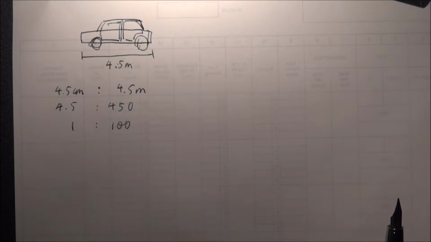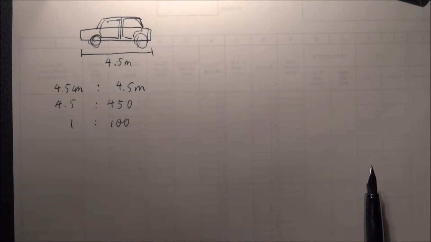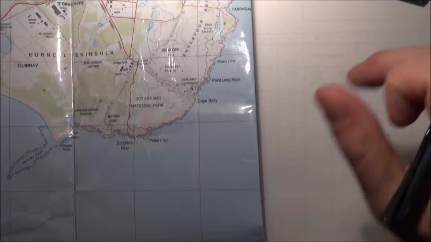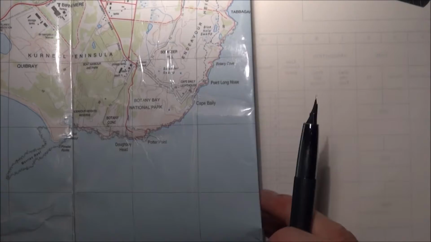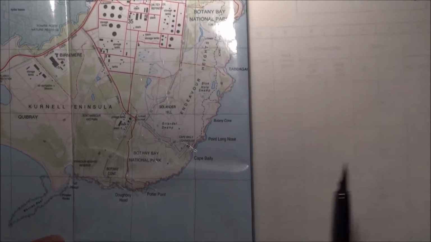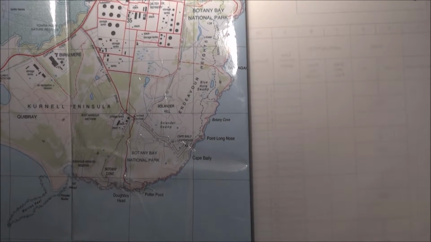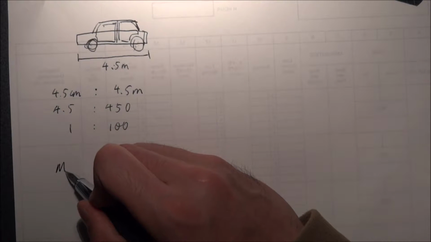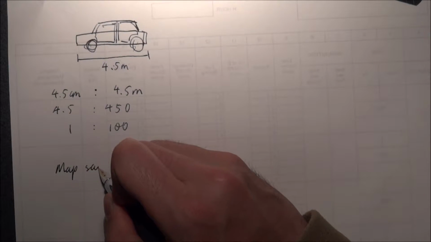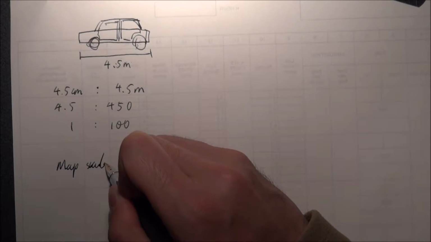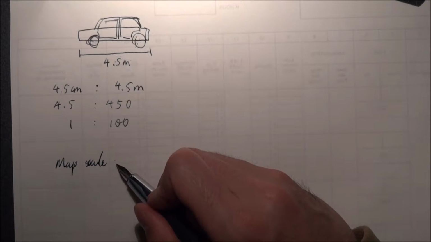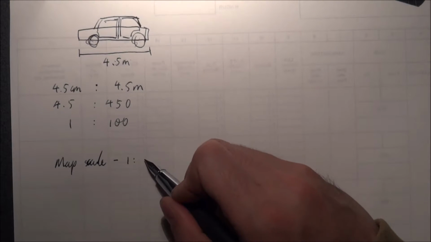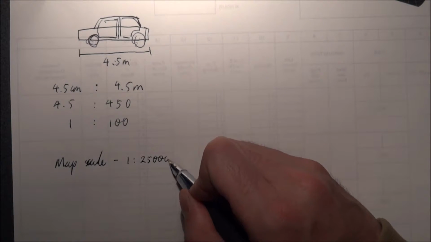One way this is used extensively is in maps. So let's have a look at this one. A Department of Lands 1 to 25,000 topographic map. So in these maps, the scale is 1 to 25,000.